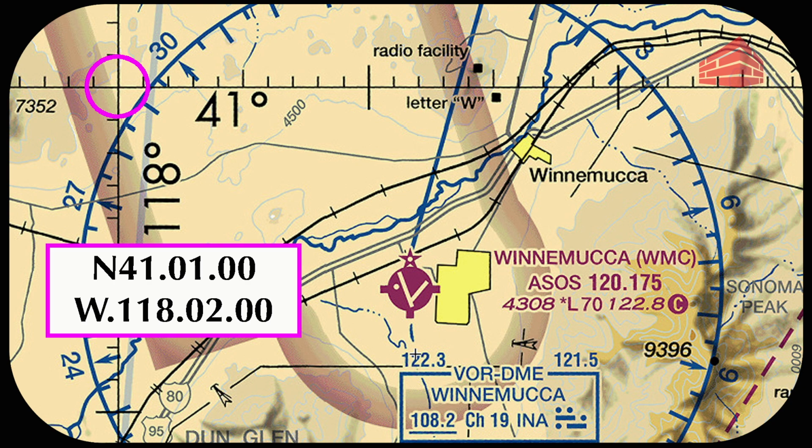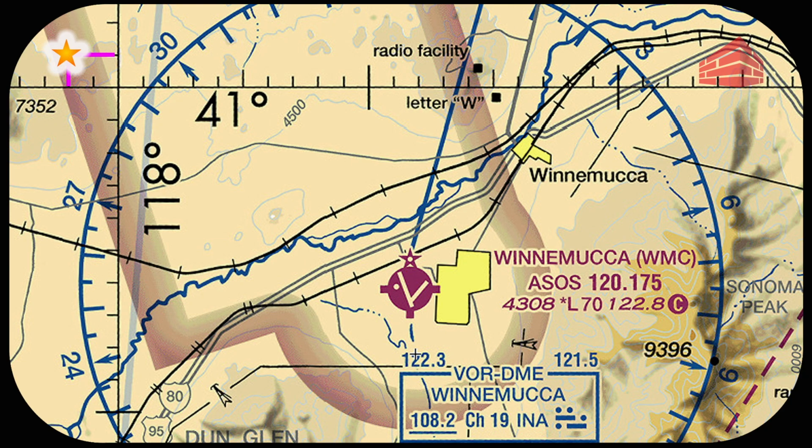All the test questions we've seen will allow for using just degrees and minutes. You would read this set of coordinates as north 41 degrees 1 minute and 0 seconds by west 118 degrees 2 minutes 0 seconds.